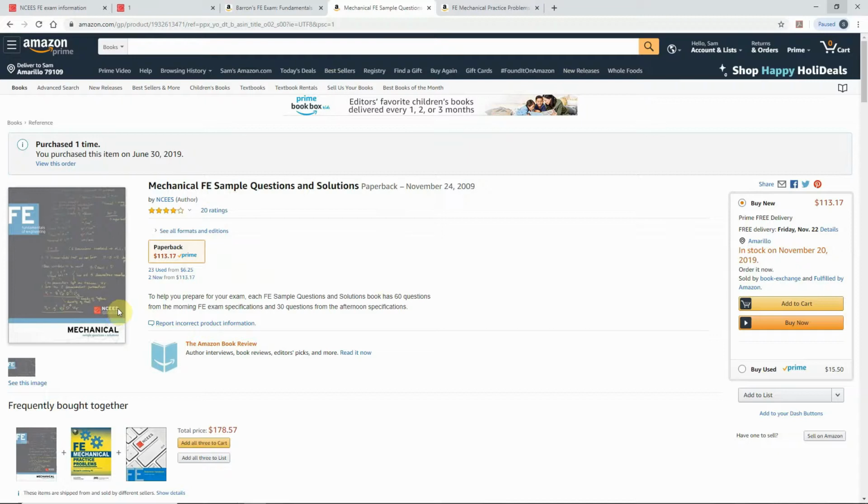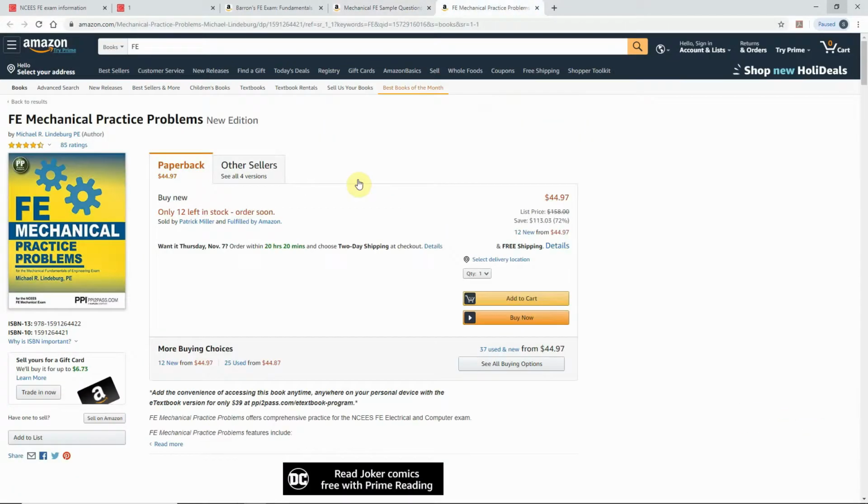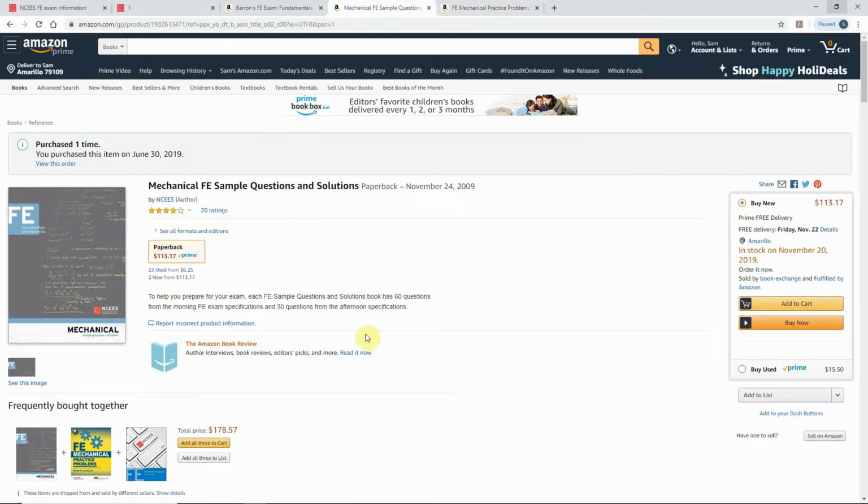And the reason that this one is so good is because it's actually put out by NCEES, which is the company that puts out the FE exam itself. So the questions in this book, although they were somewhat easier than the FE Mechanical practice book, they were, I think, more representative of what was actually on the test in the end.